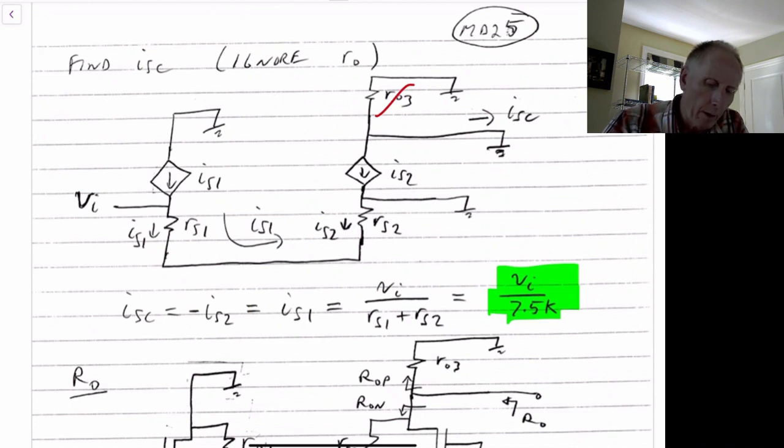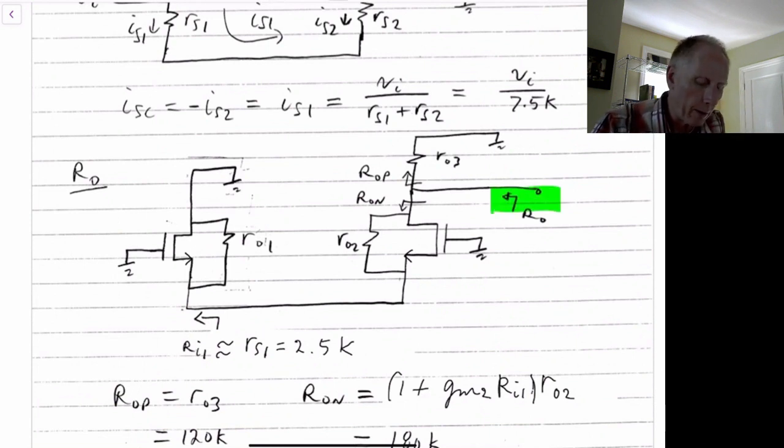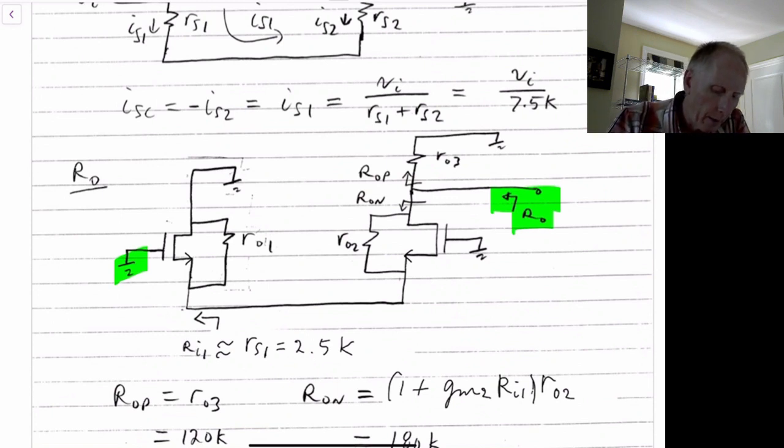Now for our output resistance, when we ground our input at the left side, we can work backwards and show that RI1, looking into this node, is approximately just going to be RS1. We can ignore RO1 since we're assuming GM RO is much greater than 1.